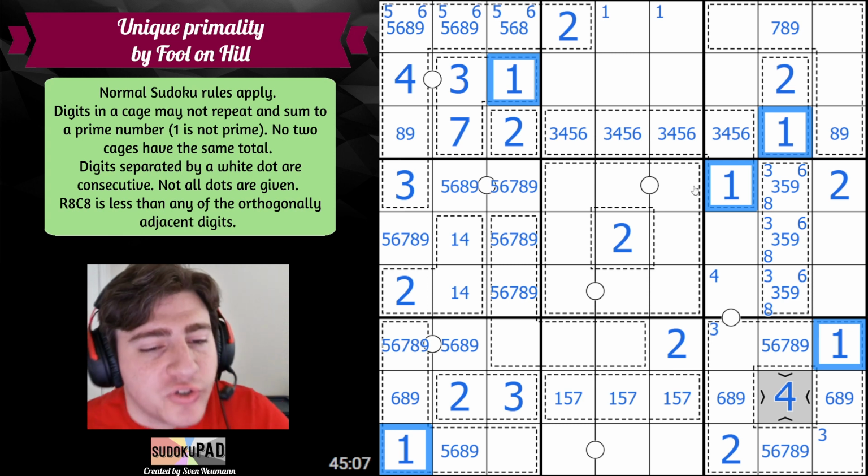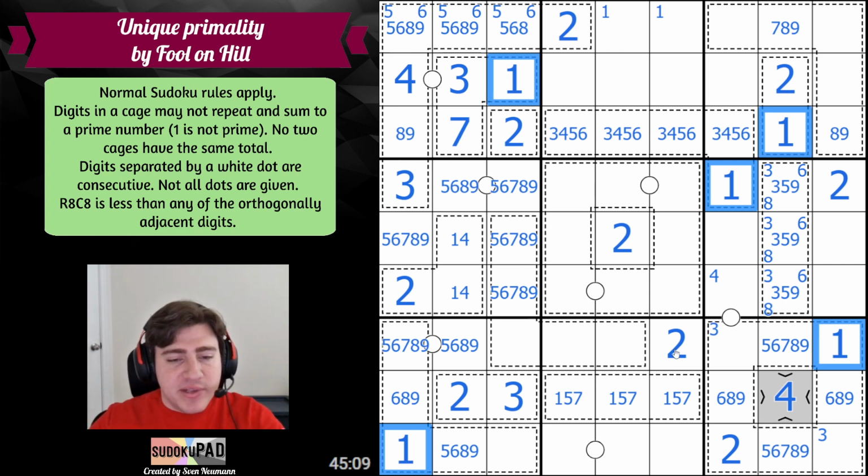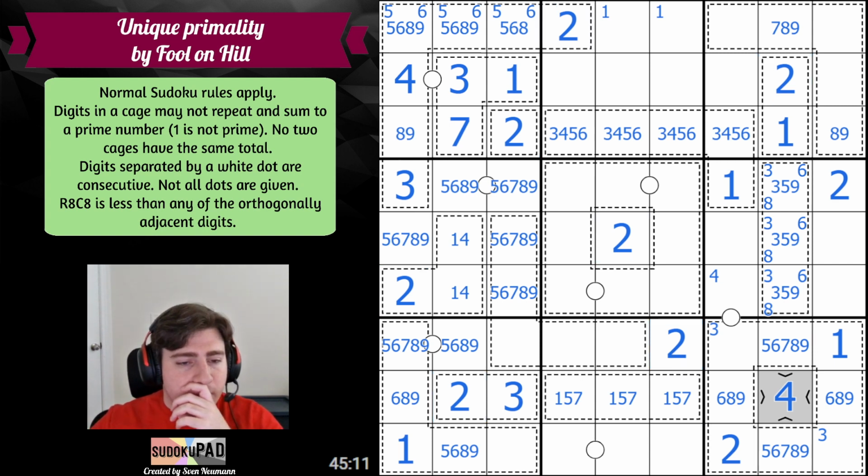Double check the 1, make sure I didn't miss anything, but I don't think I have missed anything with the 1's or the 2's. And this could still be 4, 5, 6, 7. Yeah.